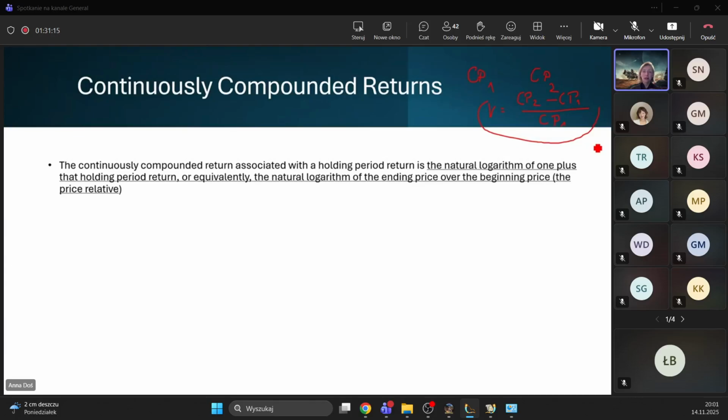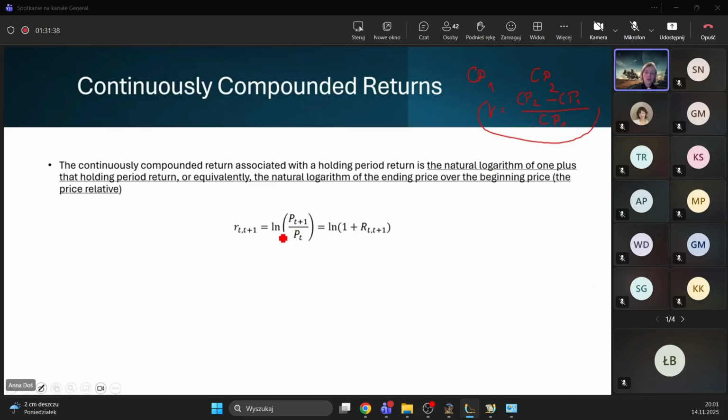It is not a discrete change in the price, but a flow of change in the price, a continuous change. So the continuously compounded returns are captured by the natural logarithm of returns. How is it calculated? This way.